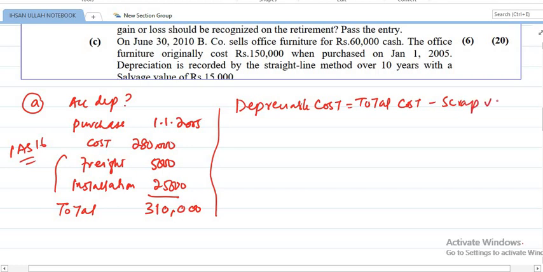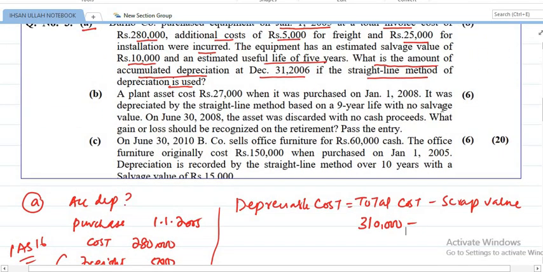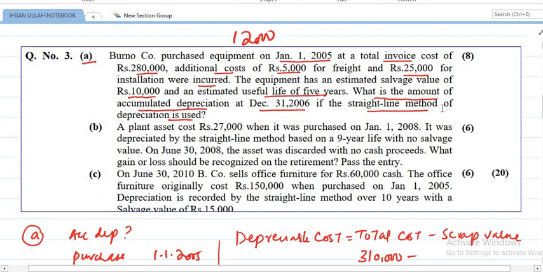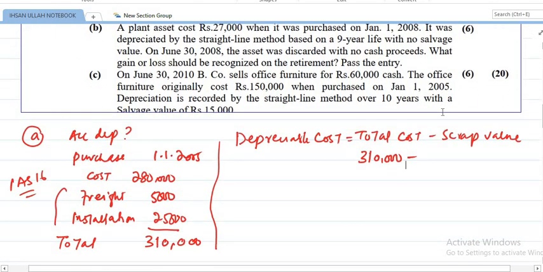Scrap means salvage value, because this amount should not be depreciated and the remaining should be. The total cost is 310,000, the salvage value is 10,000, and the total depreciable amount will be 300,000.